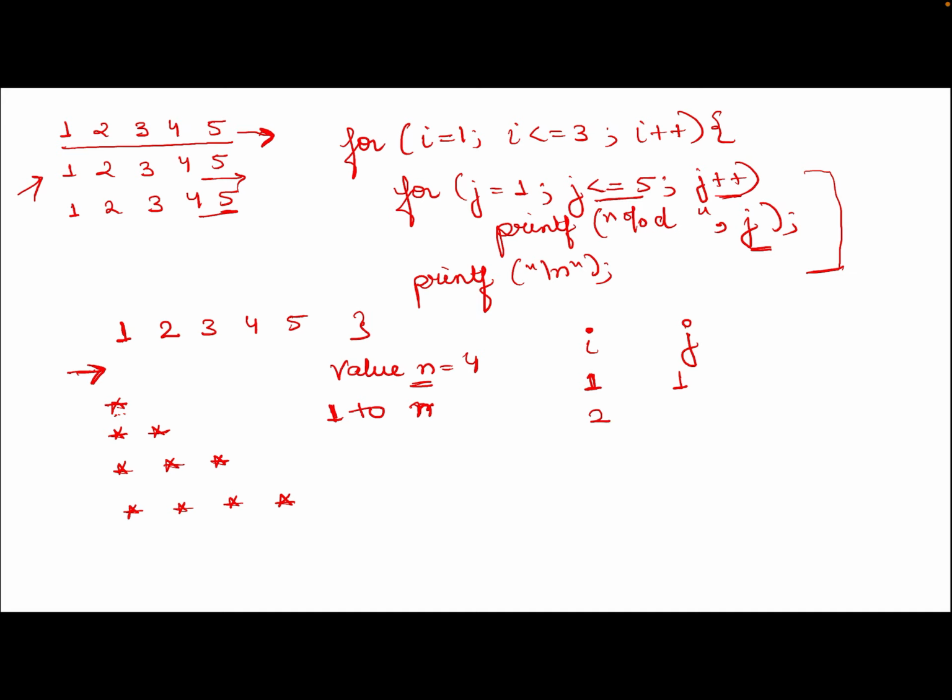When the value of i is 2, how many times should this asterisk be printed? It should be printed 2 times. Similarly, when i is 3, it should be printed 3 times. When i is 4, it should be printed 4 times. So for n, it should be printed n times. So actually I can say that the star should be printed i times. Okay, this is equivalent to i.